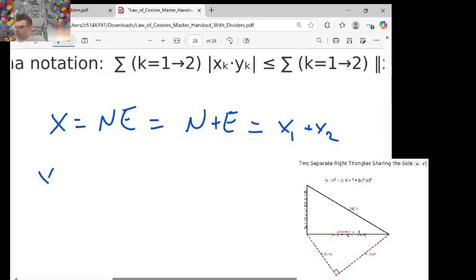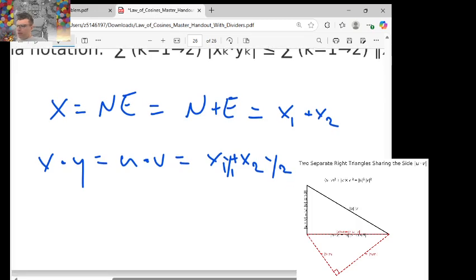So if we say x dot y, and in this case we're calling it u dot v, then that's going to equal x1 plus x2, okay? But x1 plus x2 is x1 times y1, x2 times y2. Now you're going to go, what has just happened there? What we're saying is this. Let's say that x is northeast and y is northwest, okay? So we want to multiply northeast times northwest.